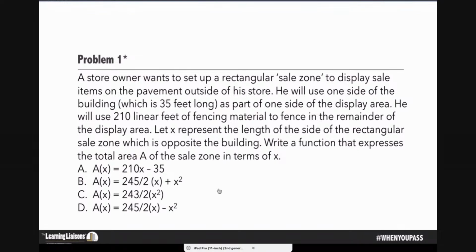Let X represent the length of the side of the rectangular sale zone, which is opposite of the building. Write a function that expresses the total area A of the sale zone in terms of X. And then we've got our answer choices listed out there.